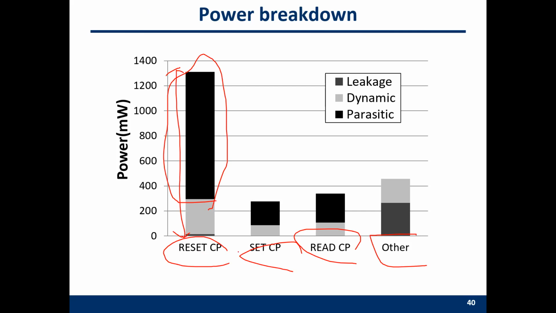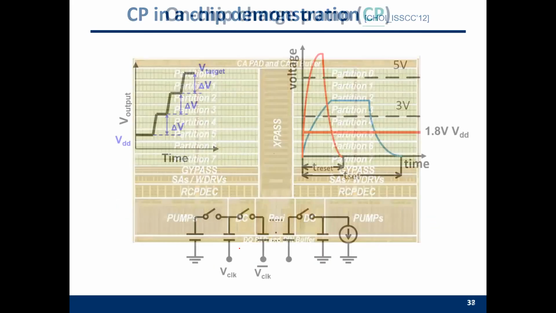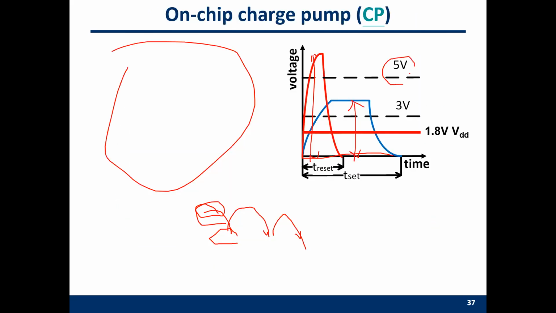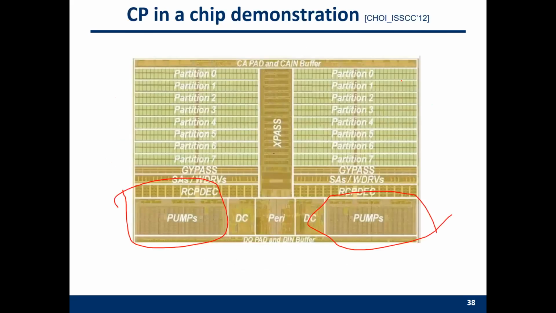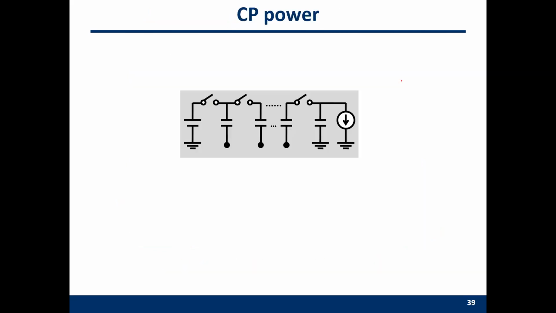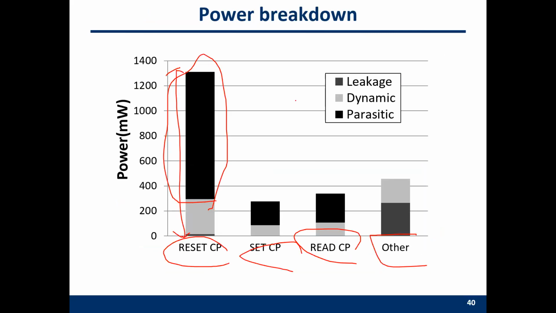Why? Because reset requires a higher target output voltage. The higher the target output voltage a charge pump needs to provide, the more power it will consume. So this is the reason why we have this useless overhead.